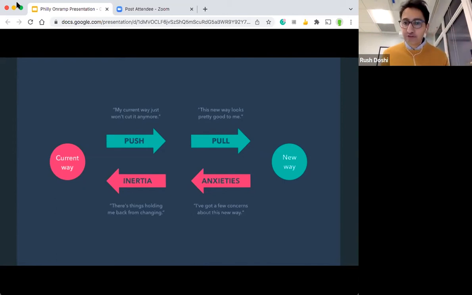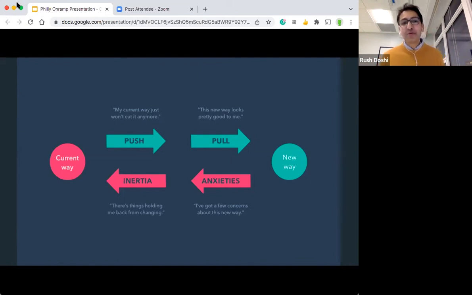And look at the forces. This is called the four forces, a look at the mindset of the customer, which is: what are the things that are going to push them towards your idea, your startup? And what are the things in red that are going to keep them using the thing that they're currently using to solve for that, right?